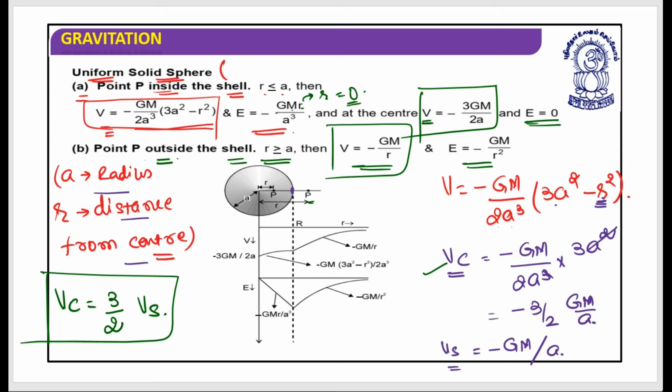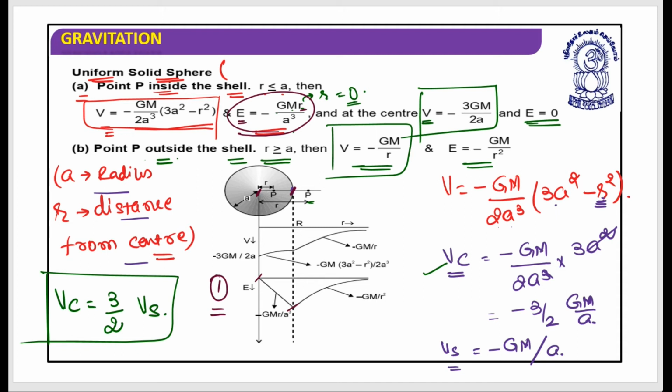If I'm going to plot this, let's first think about the gravitational field. When it is within the sphere, that means r is less than or equal to a, E is directly proportional to r. So this is the location where E is directly proportional to r, where we are just traveling within the sphere.